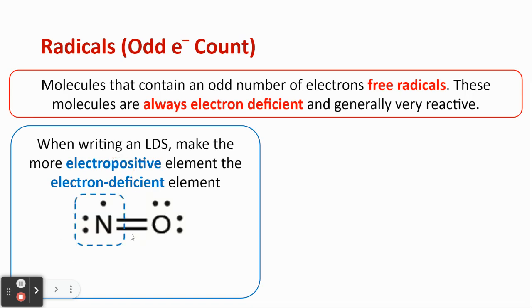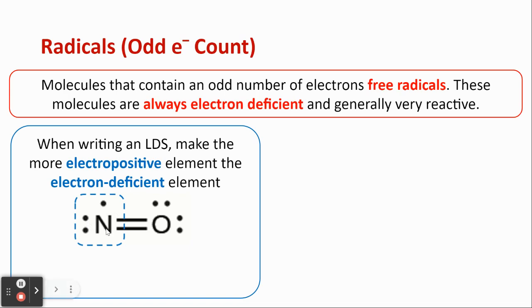So here's an example. If we were to look at NO, nitrogen has 5 valence electrons, oxygen has 6 valence electrons, so we have 11 valence electrons in the structure. That's an odd number. When we make that structure, we're going to notice that nitrogen is going to have 2, 4, 6, 7 electrons. It's going to be an electron deficient element.